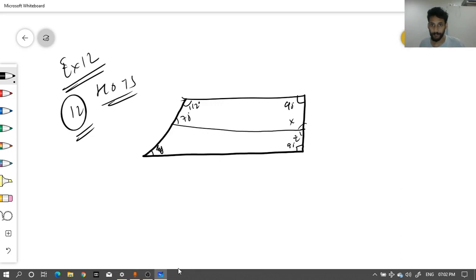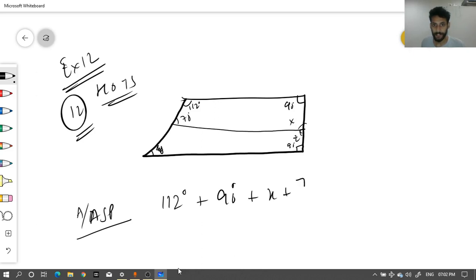So in the first step, we can easily find this X according to the angle sum property. 112 degree plus 90 degree plus X plus 70 degree is equal to 360 degree. So 112 plus 90 plus 70 is 272, so 272 plus X is equal to 360 degree.